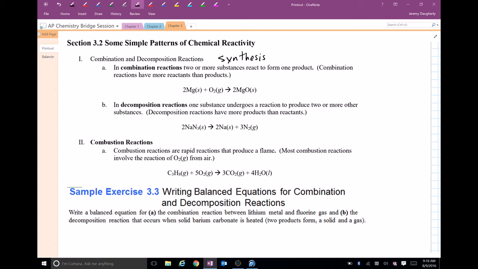Here we can see a synthesis reaction between magnesium and oxygen, forming magnesium oxide. The big thing we worked on at the beginning of the class is that the magnesium is 2+, the oxide is 2-, and that's why it forms MgO, because you need one of each.